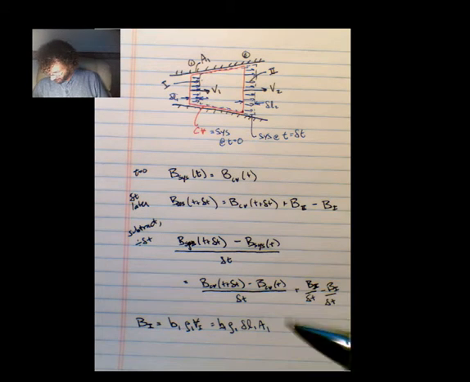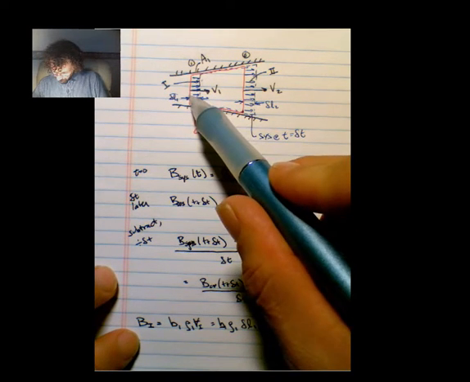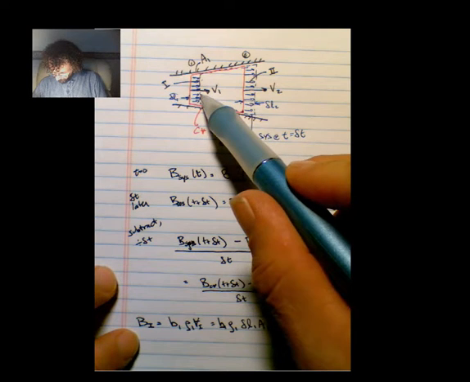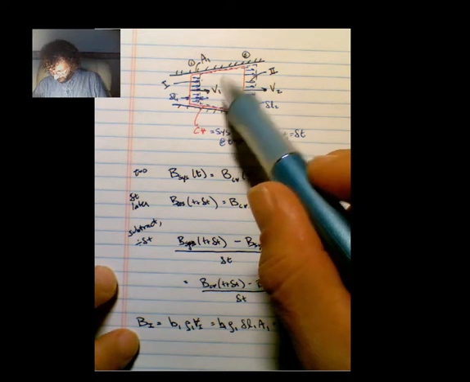And there's just an additional thing we can say. If it's a short amount of time, we could say it's b1 rho 1 V1 delta t A1, because this will move in times delta t from here to here. The distance it'll move would be the velocity times delta t.